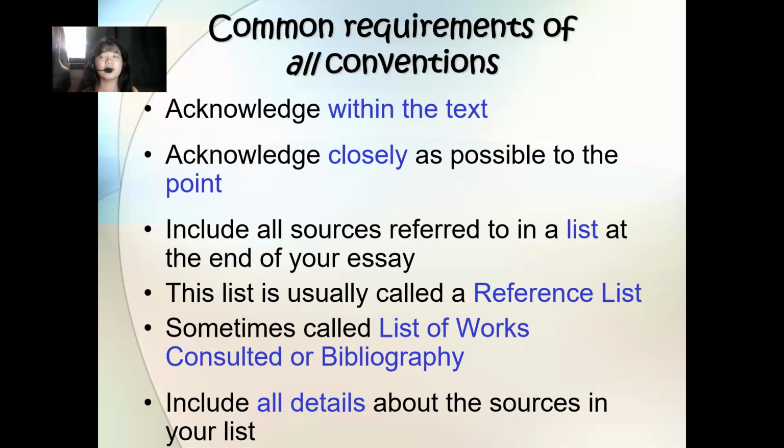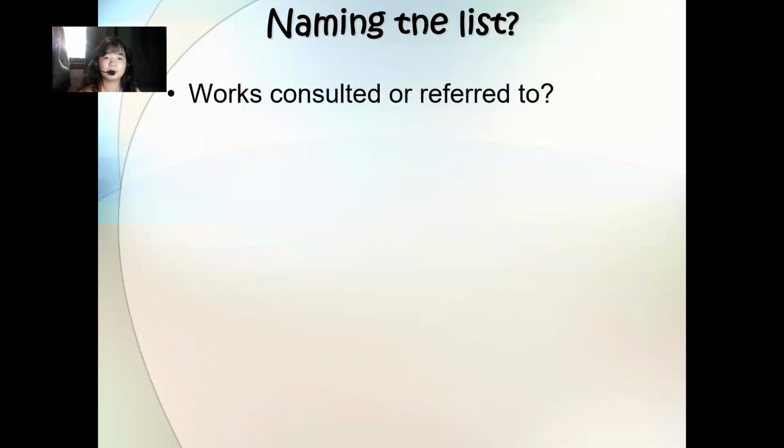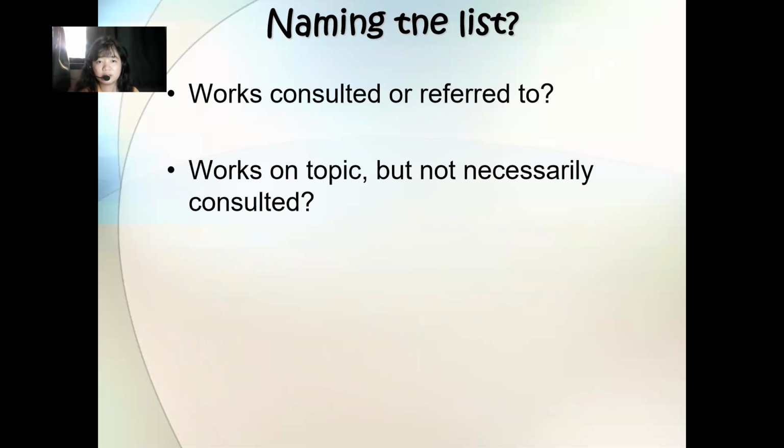And the link. If it is a book, include the publisher and where it was published, since it is not an e-source from the internet. But if it is from the internet, just put the link. Okay, naming the list: works consulted or referred to, works on topic but not necessarily consulted, or need both.